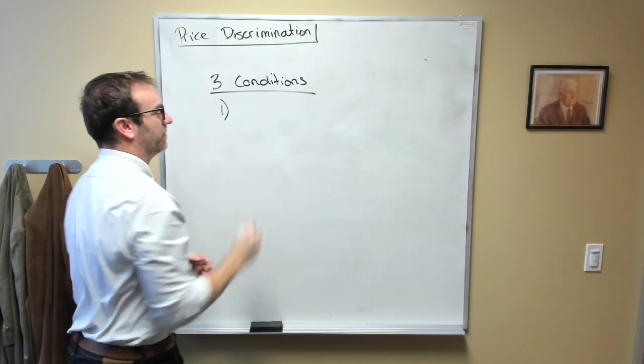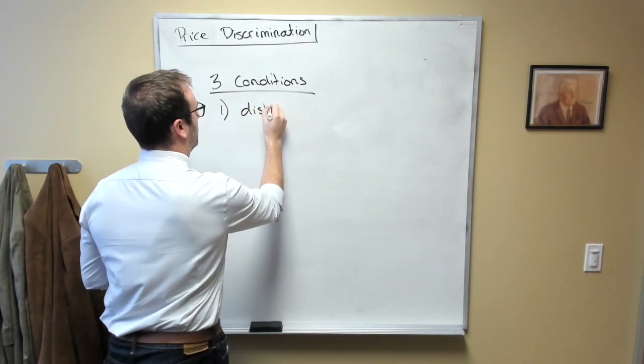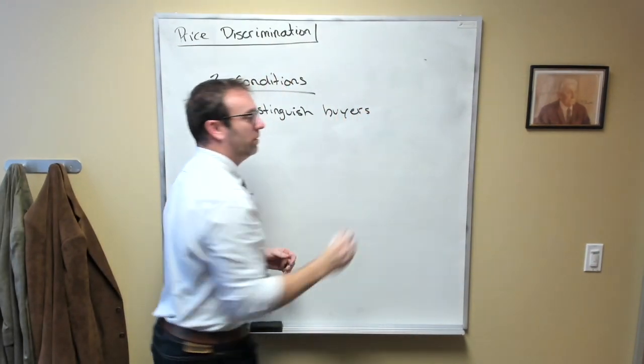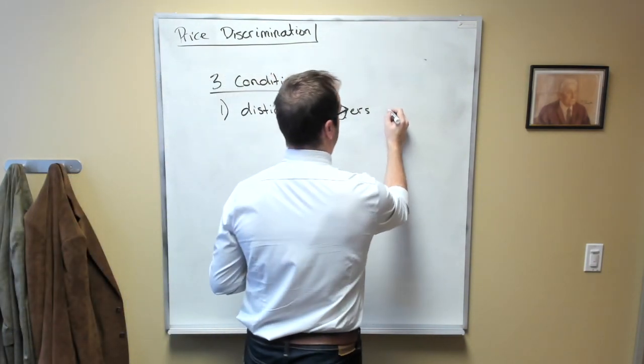Okay, so number 1, you must be able to distinguish buyers who are with different reservation prices or elasticities of demand.